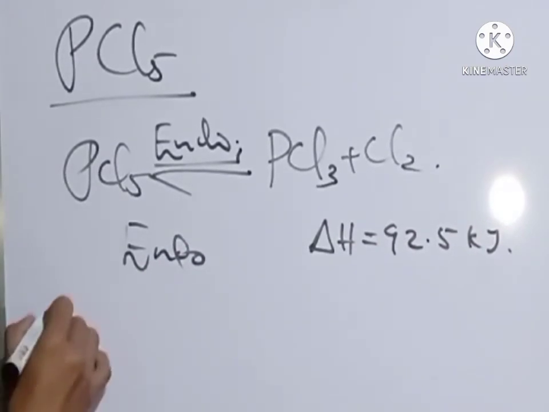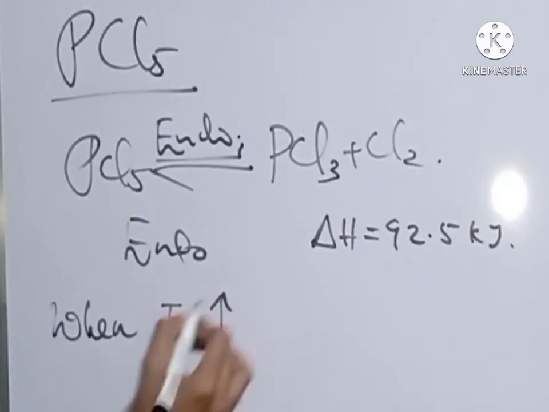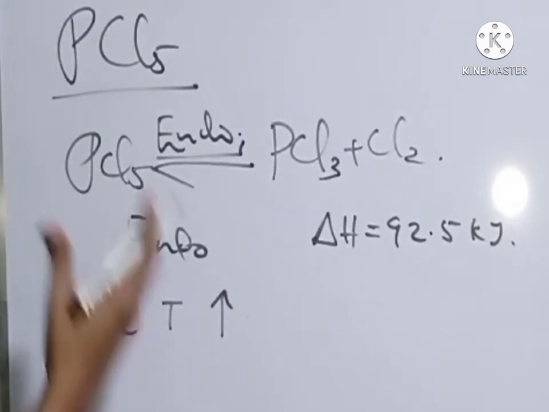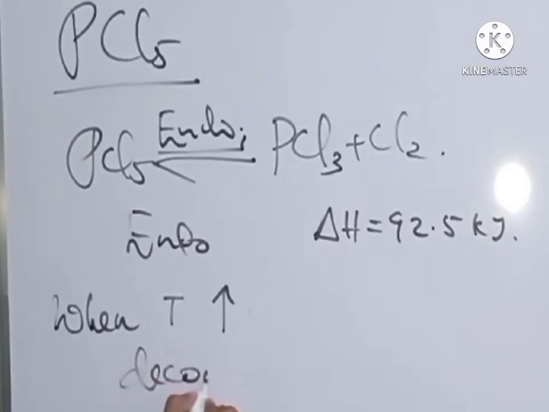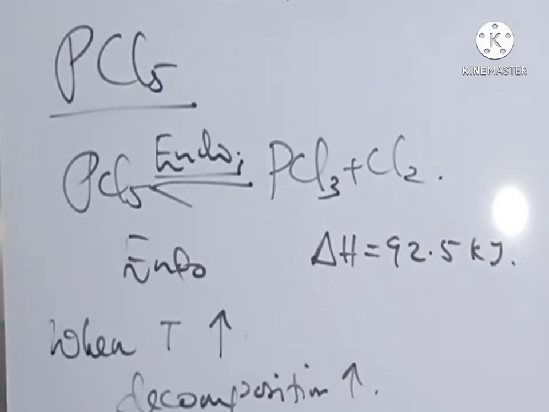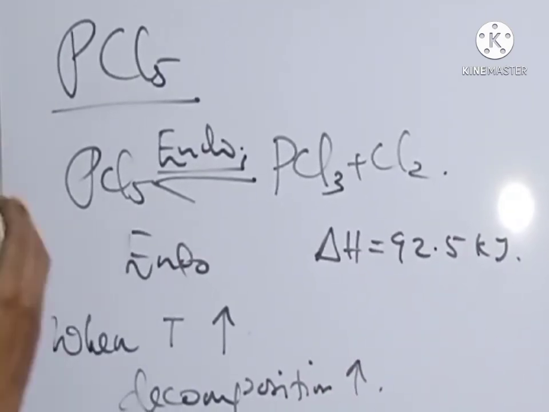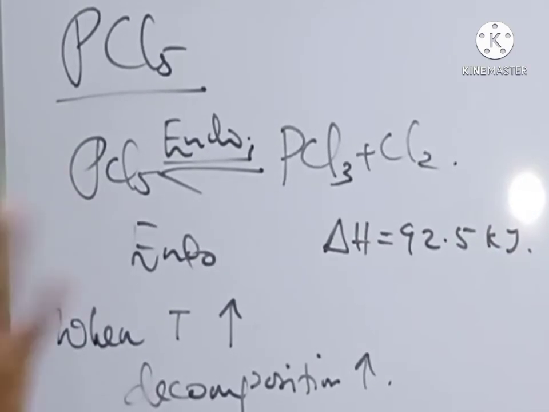So here, when temperature increases, the extent of endothermic reaction increases. That is, the decomposition increases. So increasing temperature favors the decomposition of phosphorus pentachloride.